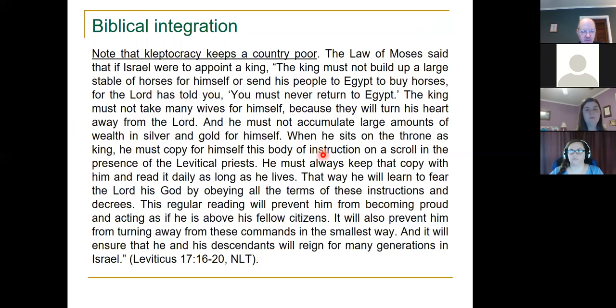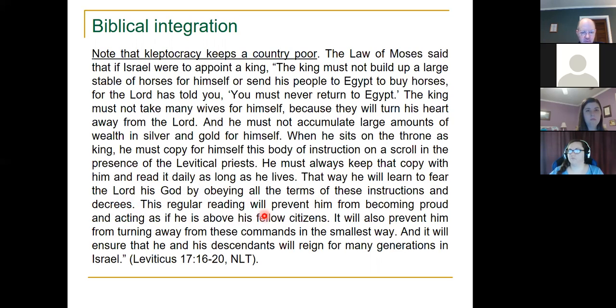When he sits on the throne as king, he must copy for himself this body of instruction on a scroll in the presence of the Levitical priests. He must always keep that copy with him and read it daily as long as he lives. That way he will learn to fear the Lord his God by obeying all the terms of these instructions and decrees.